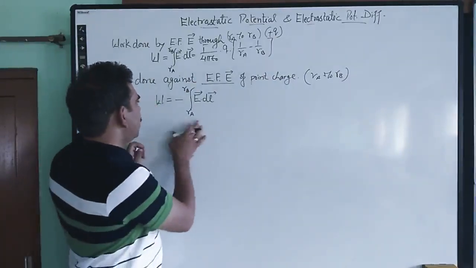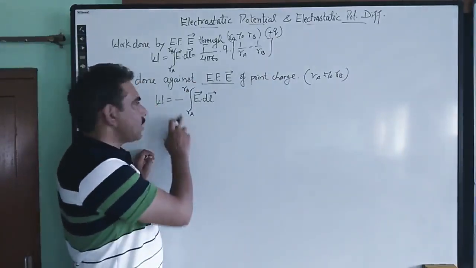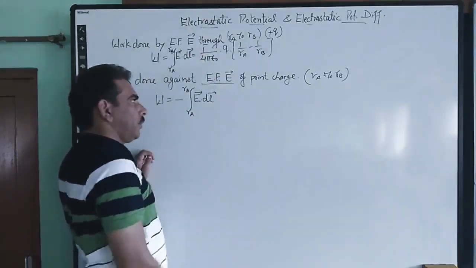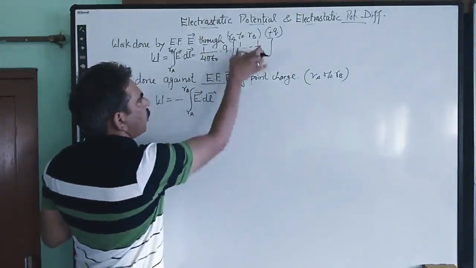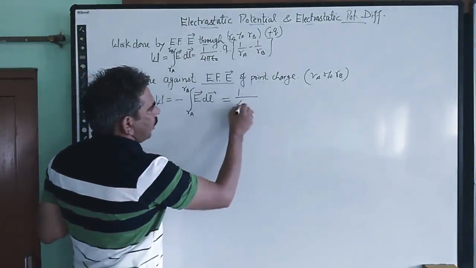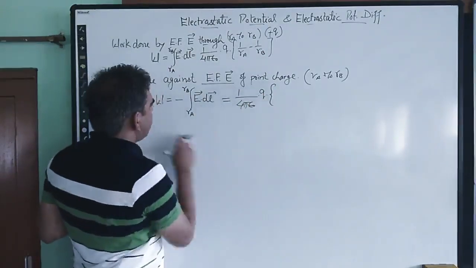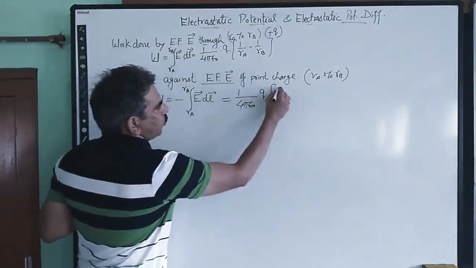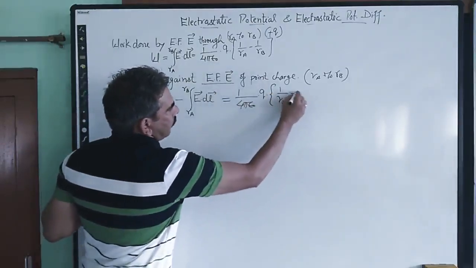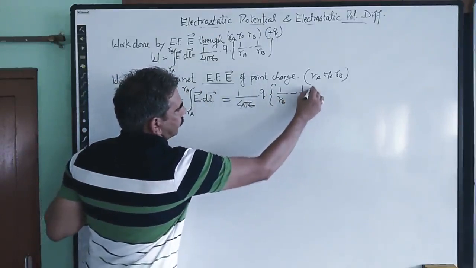Okay, so this is the work done against the electric field, which is the negative of the work done by the electric field. So this can be written as 1 upon 4 pi epsilon naught into Q into, inside the bracket with this minus sign, this changes to 1 upon RB minus 1 upon RA.